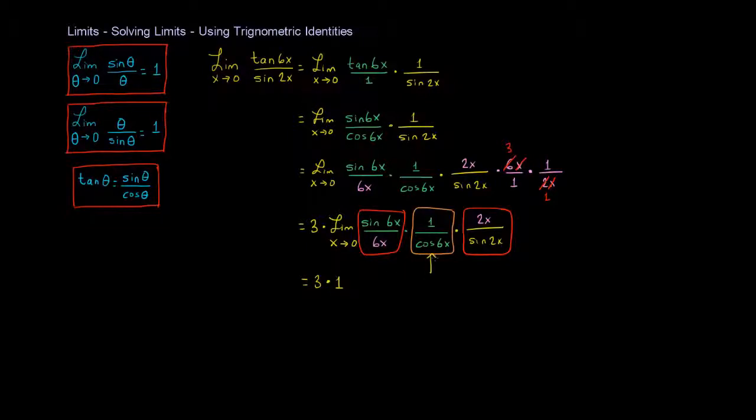Now this term as well will be equal to 1, so it will be 3 times 1 times 1, and the third one as well will be equal to 1, so it will be 3 times 1 times 1 times 1. I'm just going to locate this one comes from here, and the third one comes from over here. The one in the middle comes from here, the other term.